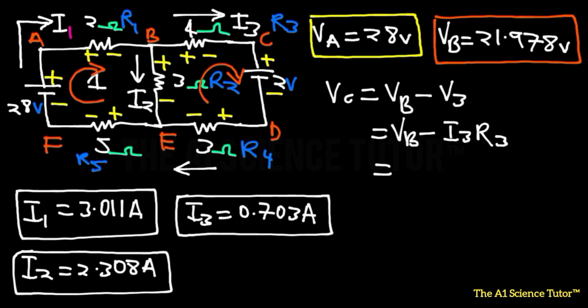So VB, that is 21.978, minus I3, that is 0.703, multiplied by R3. R3 is 4. So that's going to be 19.166. That will be the voltage left at point C.